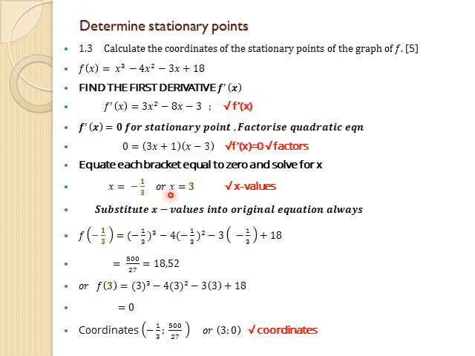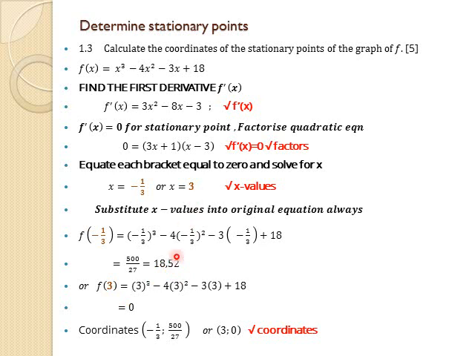These two values we get will always go back into the original equation of f of x. Not into the first derivative, but the original equation. So if I use f of negative 1 over 3, cubed, minus 4 times negative 1 over 3 squared, minus 3 times negative 1 over 3 plus 18, I get the answer of 500 over 27, or as a decimal, 18,52.